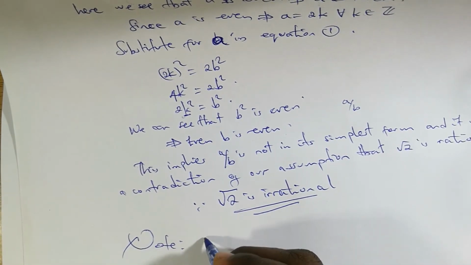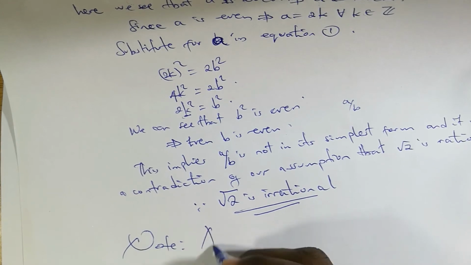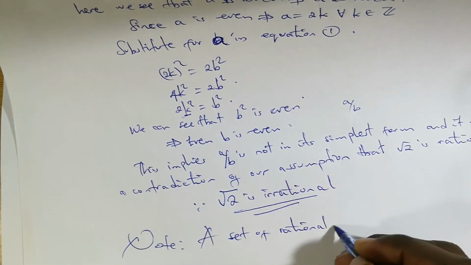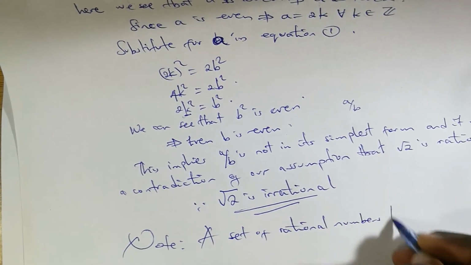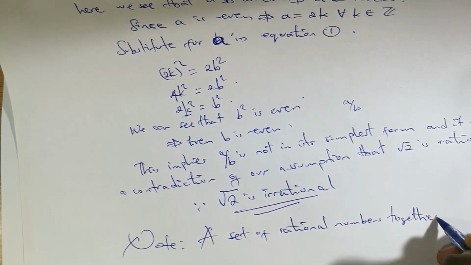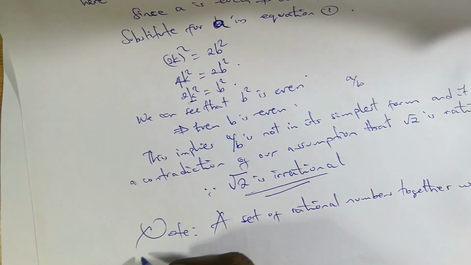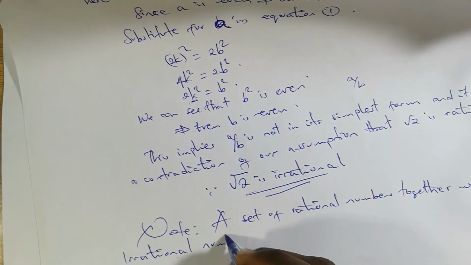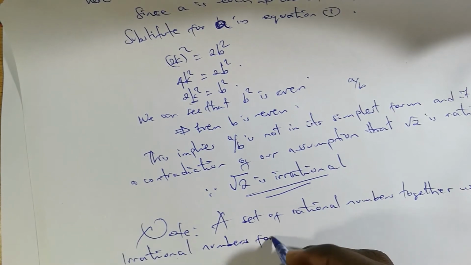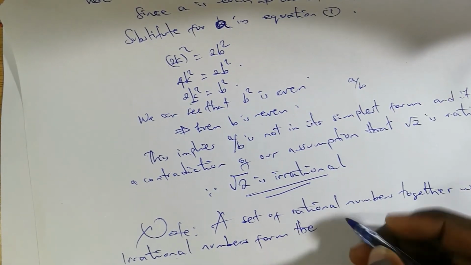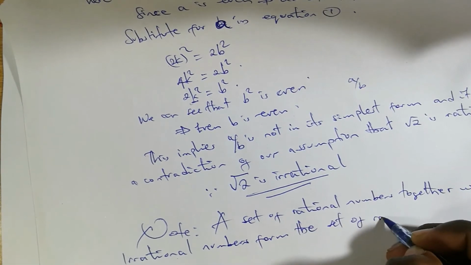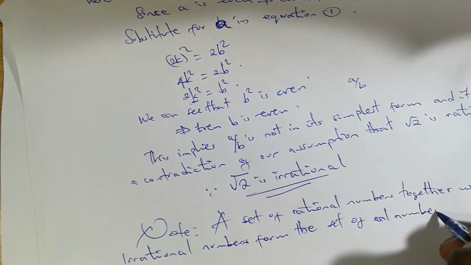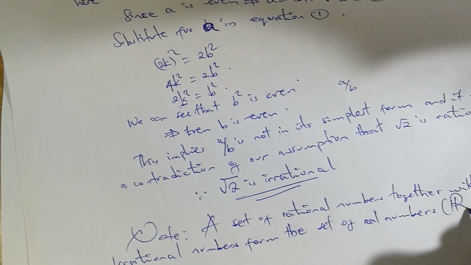The set of rational numbers together with irrational numbers form the set of real numbers, which you can give that symbol with the bar.